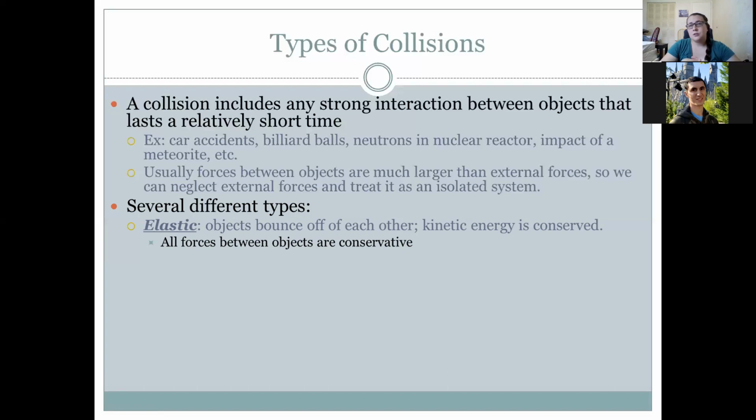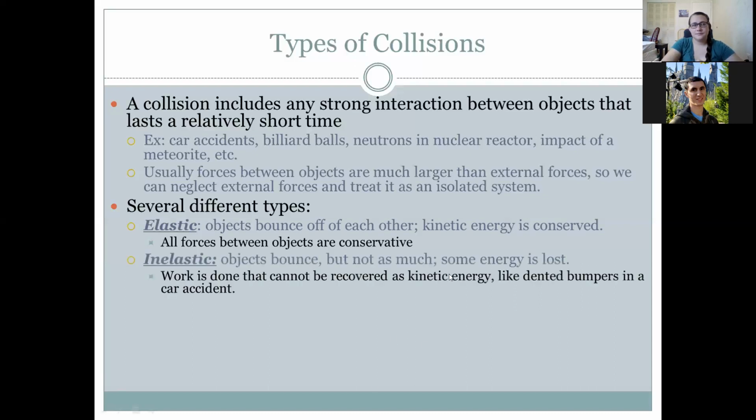If you remember conservative forces from last week when we talked about energy and work, when all of our forces are conservative, that means potential energy can turn into kinetic energy and back, and we don't lose energy to anything like heat or friction. So in this type of collision, both momentum and kinetic energy are conserved, which is very helpful.